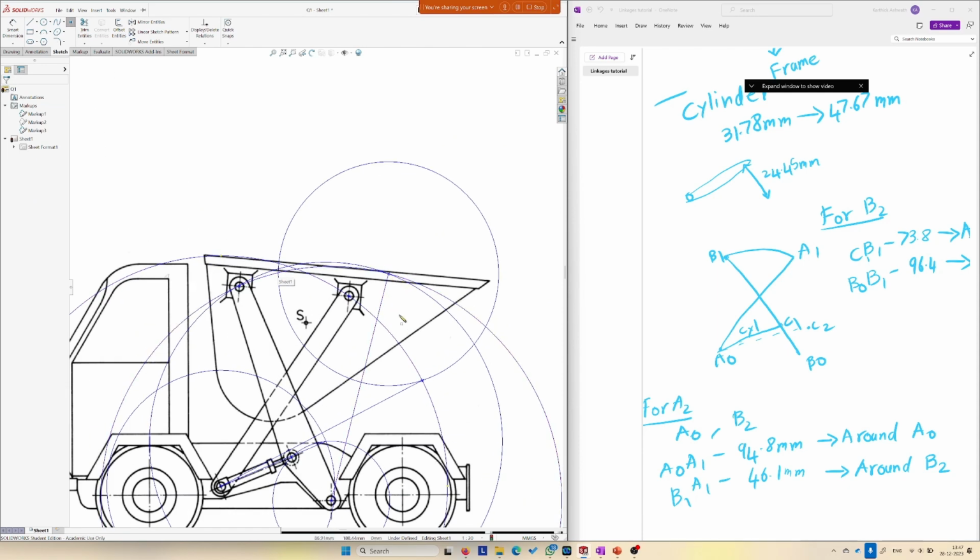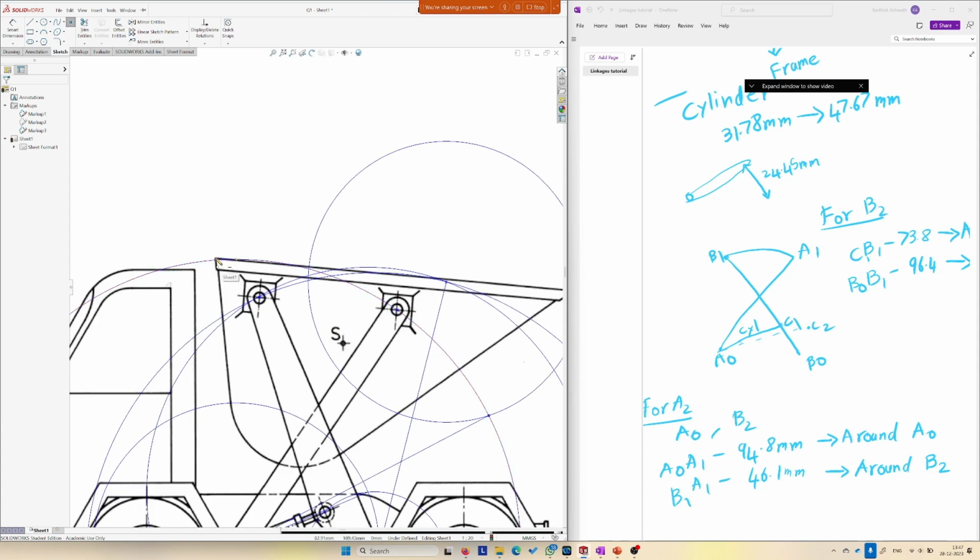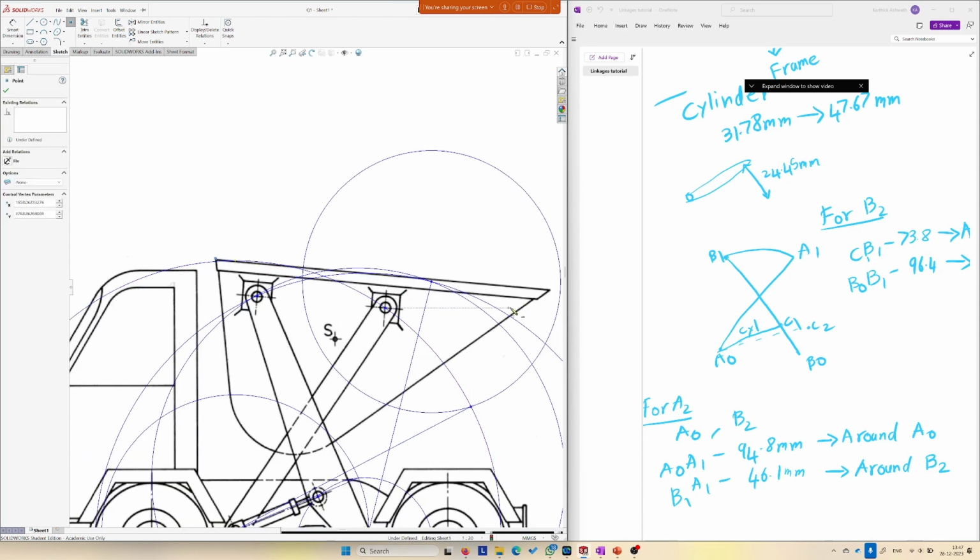We have A1, we have B2, we have A2. The whole dumper basically moved to the right and there is no flipping or anything. It's just tilted and the materials have fallen off. Now I need to draw the new position of the dump bucket.